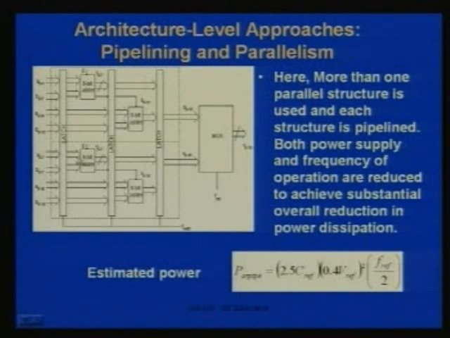So, each of the parallel stages is pipelined, and as a consequence the power dissipation here will be quite small, roughly 10% of the original circuit. Original circuit means the original 16-bit adder.